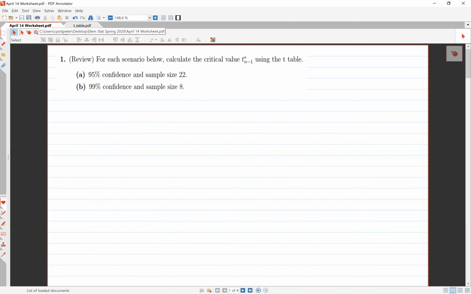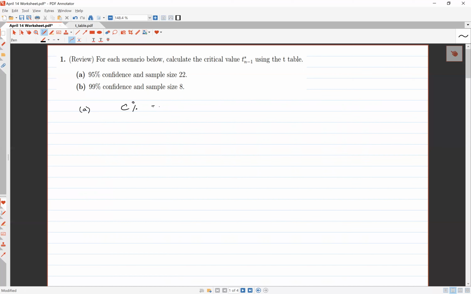So the first example today just says for each scenario below, calculate the critical value t star sub n minus 1 using the t-table. Now, A says for 95% confidence and a sample size of 22.